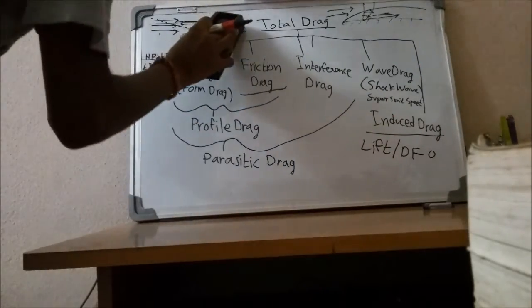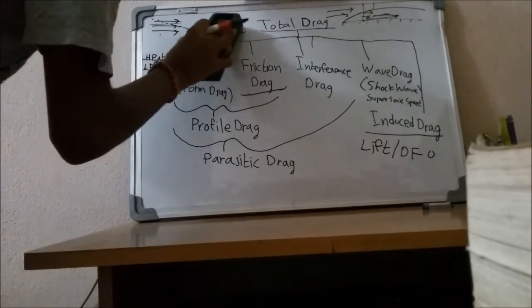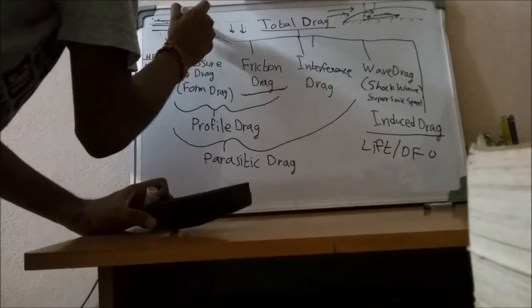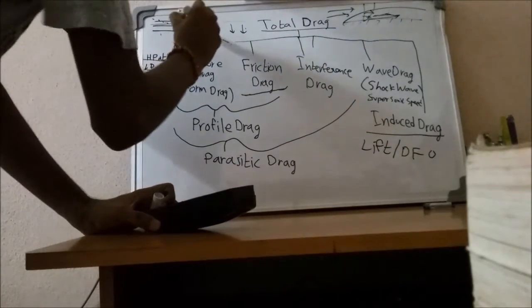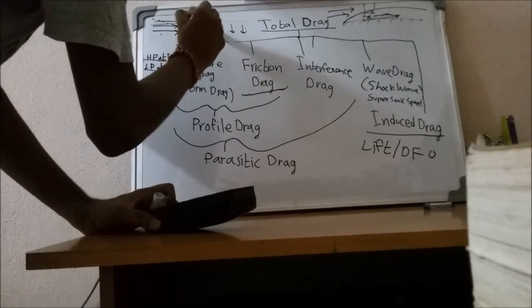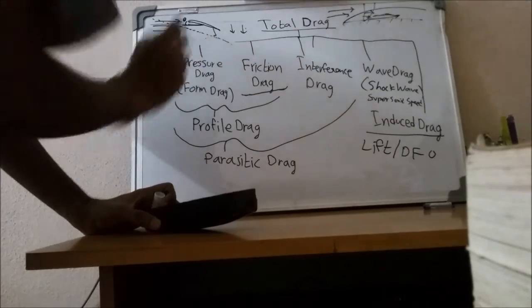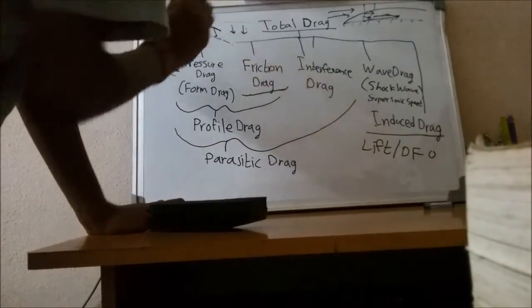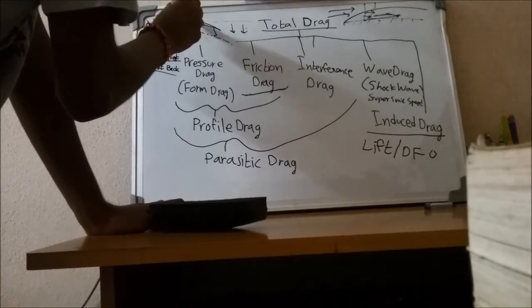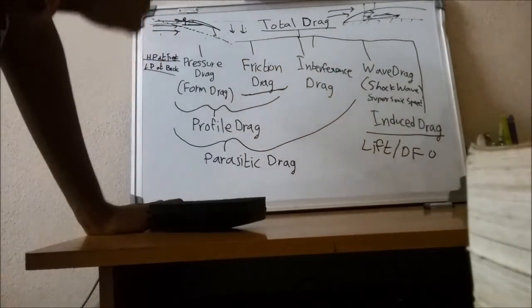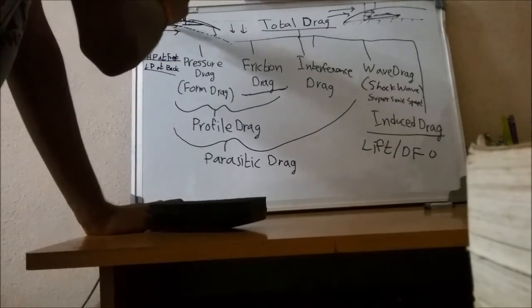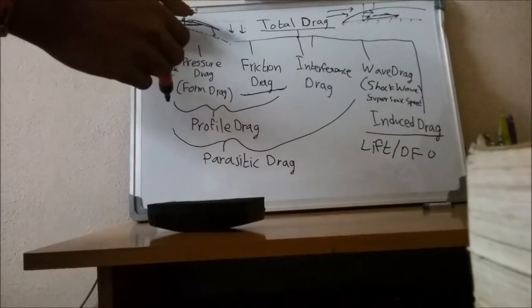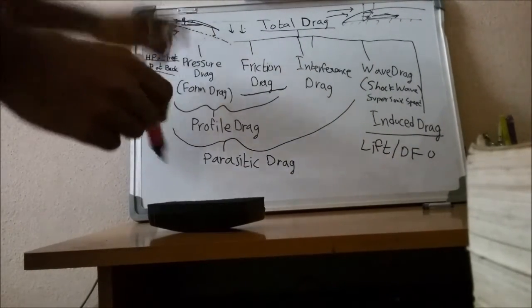So say for example the wing is somewhat inclined, it is having theta angle of attack. Now the finite wing and tip vortices come into the picture, and you have an inclined resultant flow.